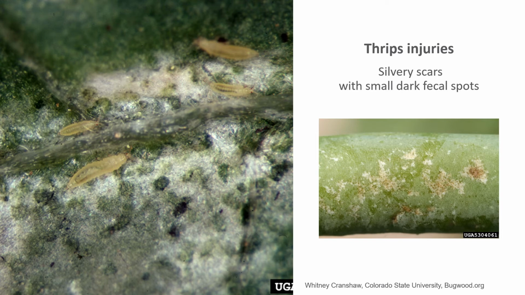Take a look at the picture on the right, and you'll see this combination of the silvering damage done to the surface cells, speckled with all this fecal matter that look like small tar spots, is a significant diagnostic characteristic that suggests that we need to look a lot more closely with some magnification to try and find the thrips that are doing the damage.